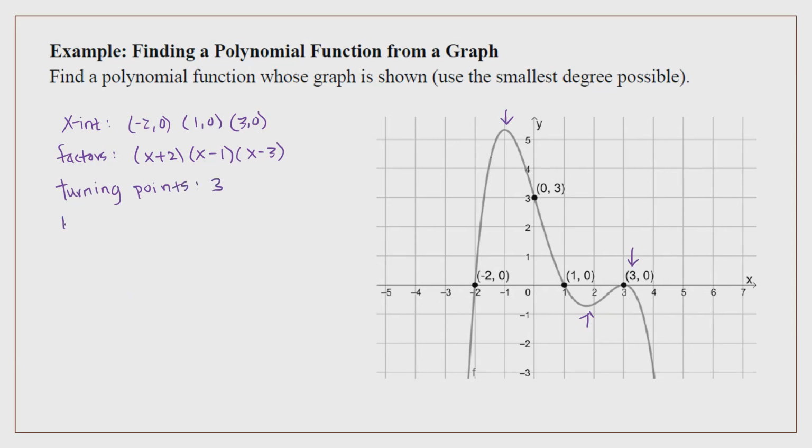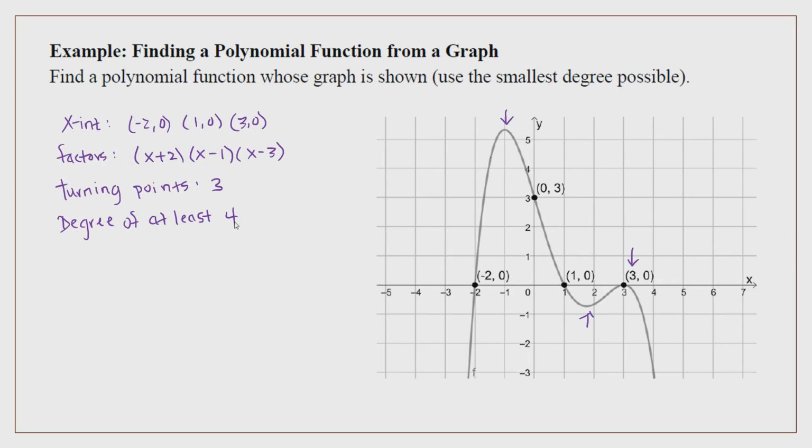So that means my polynomial is going to be a degree of at least 4. Okay. So now that I have pulled out the information that I need for now, let's identify some multiplicities.